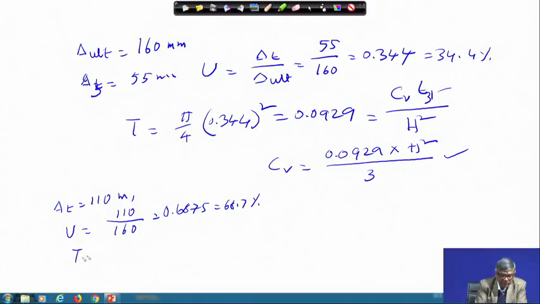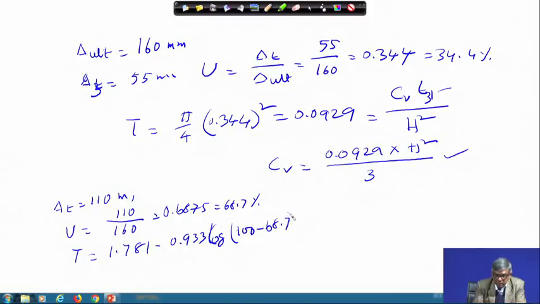So, your T can be calculated as 1.781 minus 0.933 into log of 100 minus U, that means 68.7, and if you do this calculation it comes to 0.386.